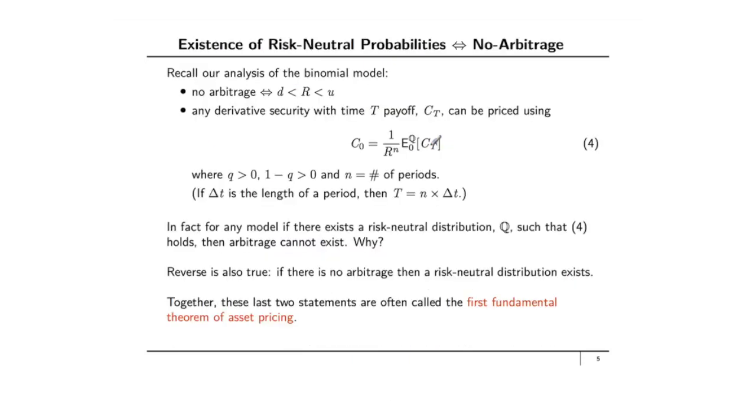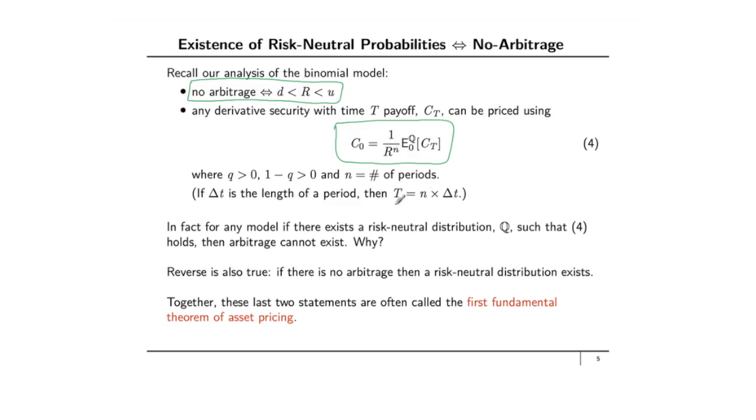Before we end this module, I want to spend a couple of minutes discussing the existence of risk-neutral probabilities and their implications for no arbitrage. First of all, recall our analysis of the binomial model. We saw there that no arbitrage is equivalent to D being less than U. We also saw that any derivative security with a time capital T payoff, CT, can be priced using risk-neutral pricing as follows, where Q and 1 minus Q are the risk-neutral probabilities and N is the number of periods.